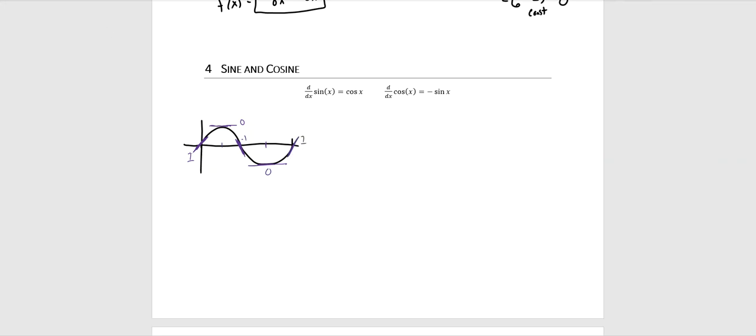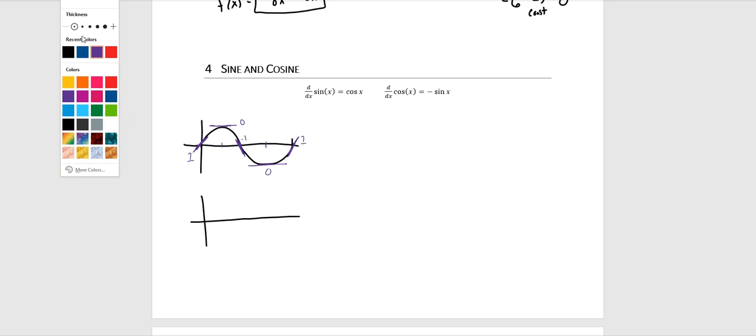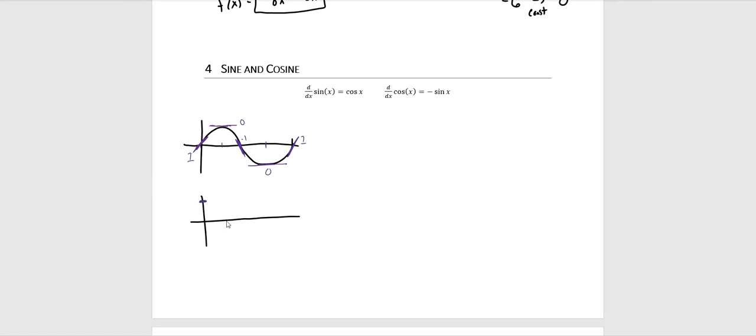Well, what function do we know has a height of 1, and then it goes to 0, and then it goes to negative 1, and then it goes to 0, and then it goes to 1? Let's suppose I could draw straight lines. That would be right there. Check this out.